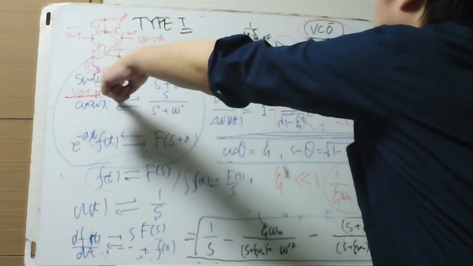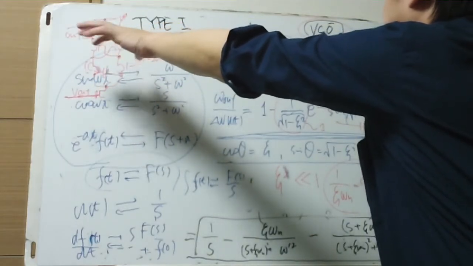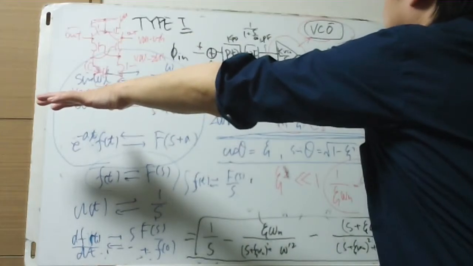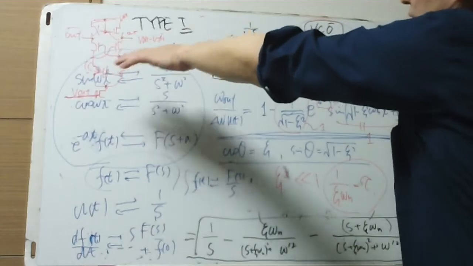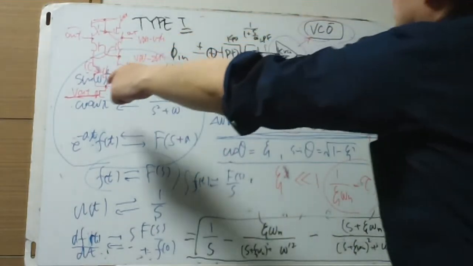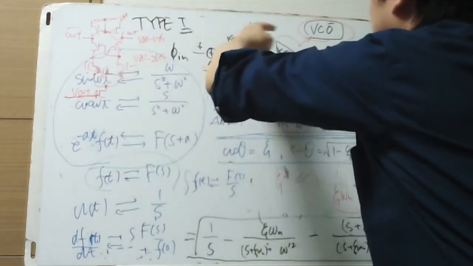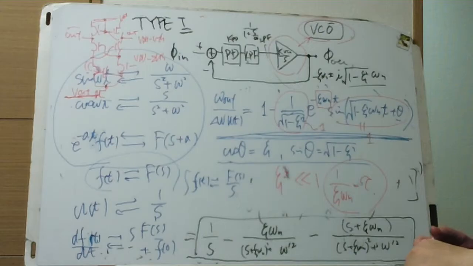Higher current bias gives higher oscillating frequency, lower V control makes lower frequency output. So that is a voltage controlled oscillator example. And there's another very famous example, using a varactor diode.